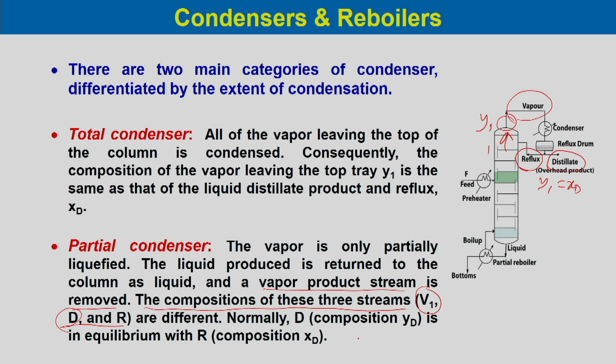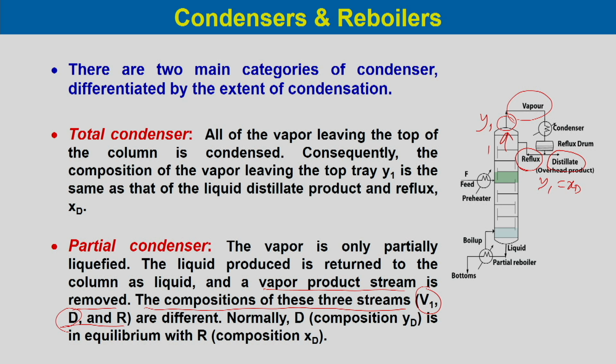Normally, the distillate having composition YD is in equilibrium with the reflux R, that is, composition XD. Because they are in equilibrium, if you take a vapor product in the reflux drum, that also can be considered as one equilibrium stage, because vapor and liquid exist together in a drum.